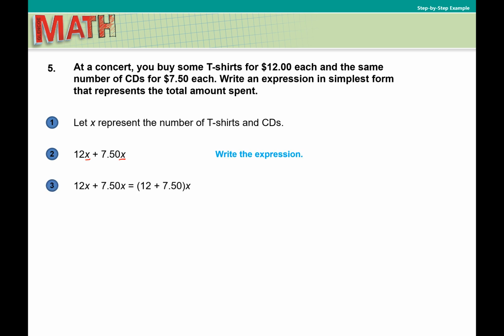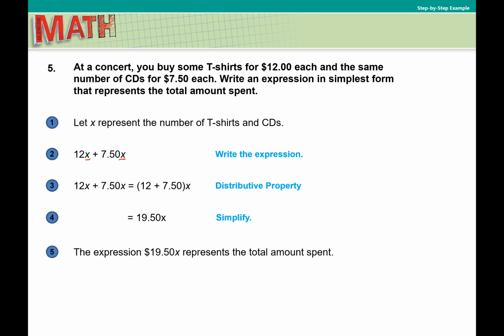Then we use the distributive property to separate out the coefficients and the variable. We can add those two coefficients together, 12 plus 7.50. We get an answer of 19.50X. So the expression 19.50X represents the total amount spent, and X can be whatever number of these package deals that you're going to buy.